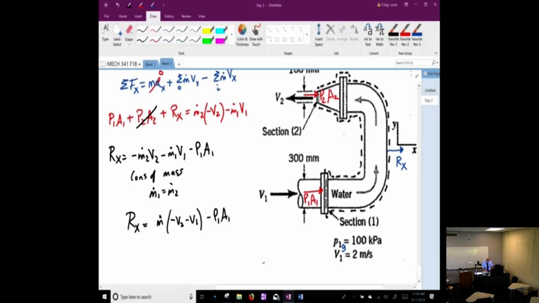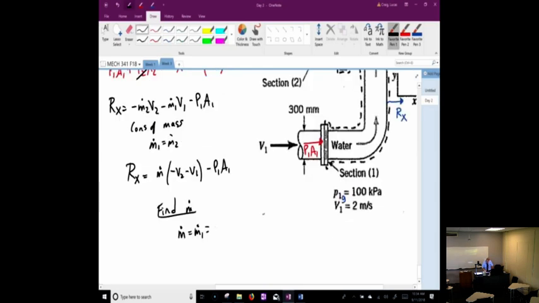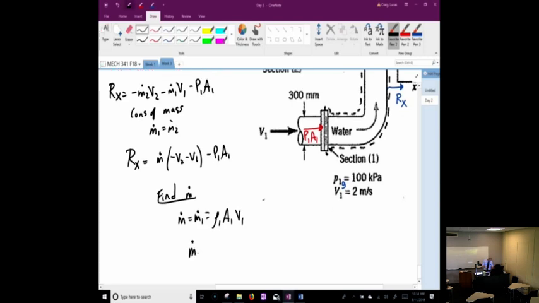So we'll do m dot 1, so that's density 1, area 1, times V1. So density of water is 1 what?